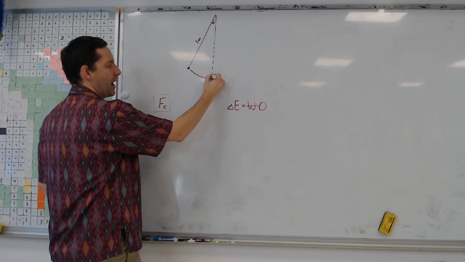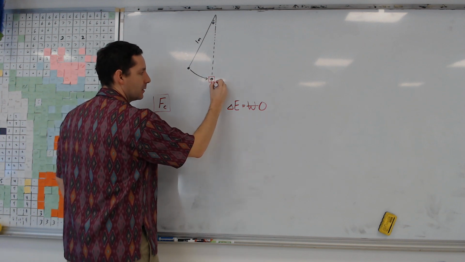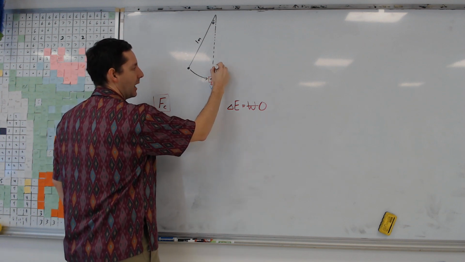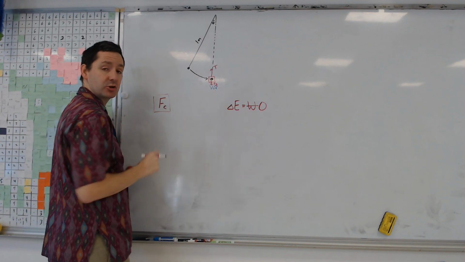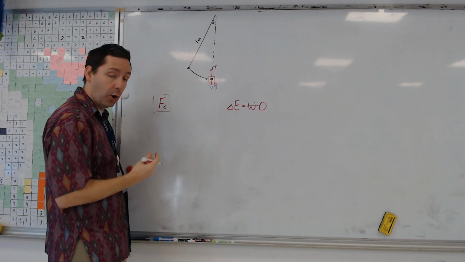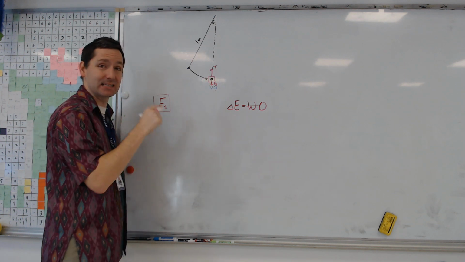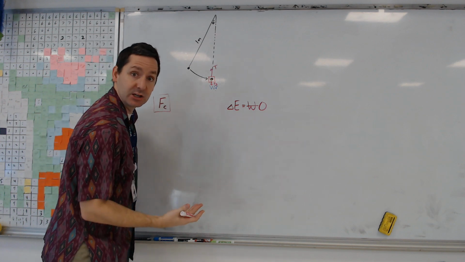Now, in order to do that, we need to know what the forces acting on it are. Well, we've got the force of gravity pulling down, and we've got the tension pulling up. Now at that point, what do we know about those two forces? Are they the same? Is one bigger than the other? Well, hopefully you recognize that the tension has to be bigger than the force of gravity. We have a couple of ways to justify that.